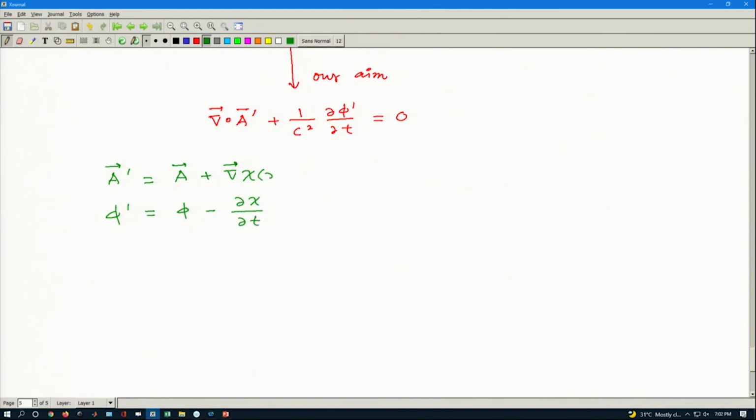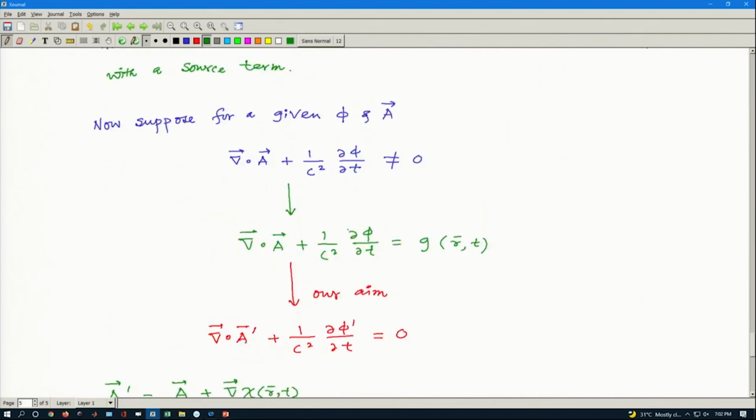Chi should be a function of r and t, and we just need to fix this function. We need to know what function this is. If I put a suitable function, then I can have my A prime and phi prime such that it satisfies the Lorentz gauge, and my equation becomes simpler.